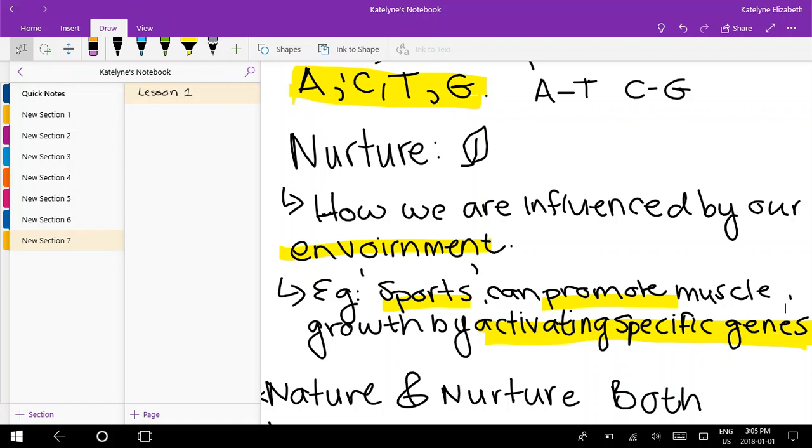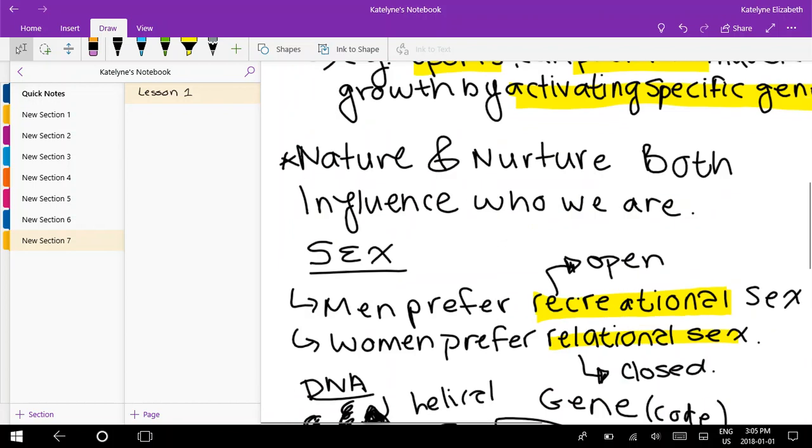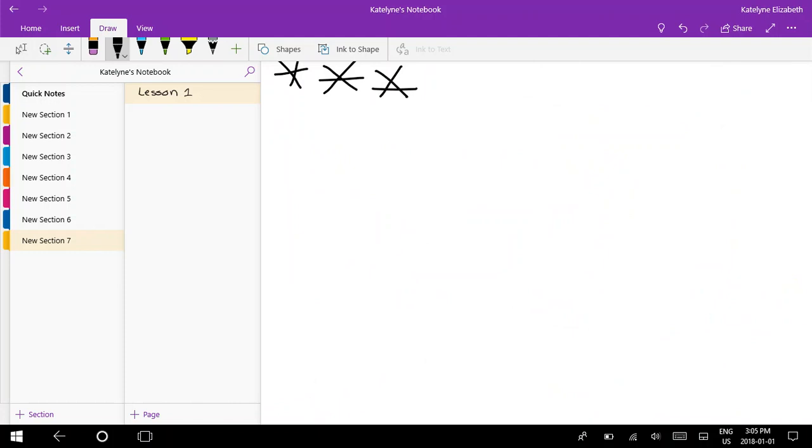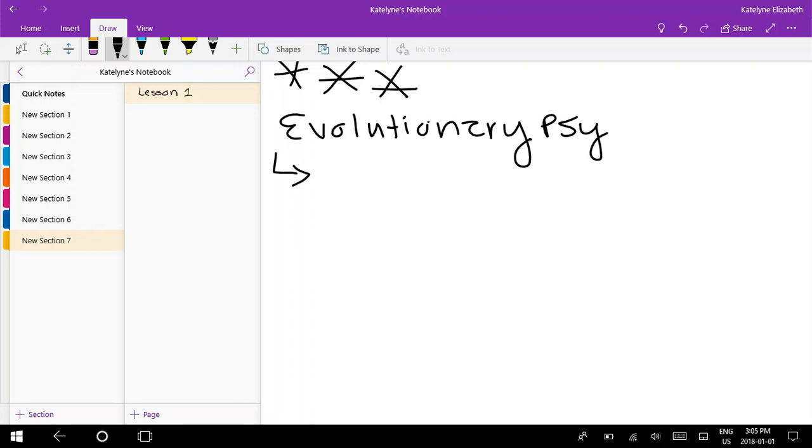Okay, so let's go down and talk about evolutionary psychology. So evolutionary psychology is the newest perspective of psychology. The goal is to explain human behaviors that are universal and common, and they have some kind of evolutionary origin.